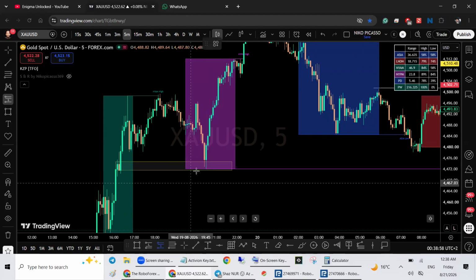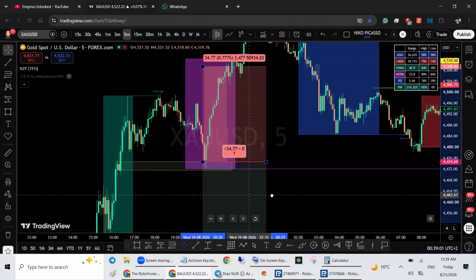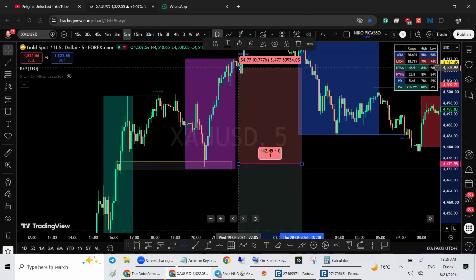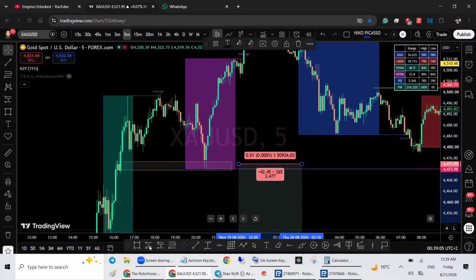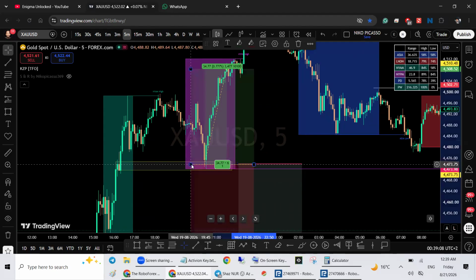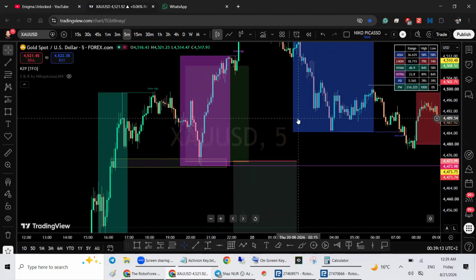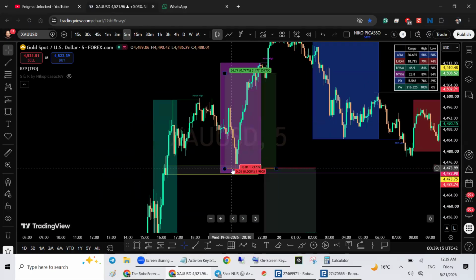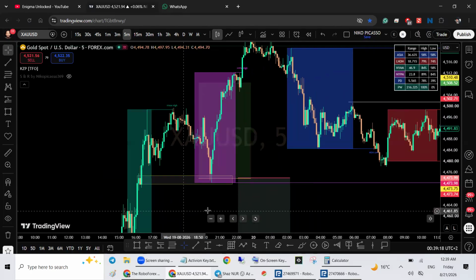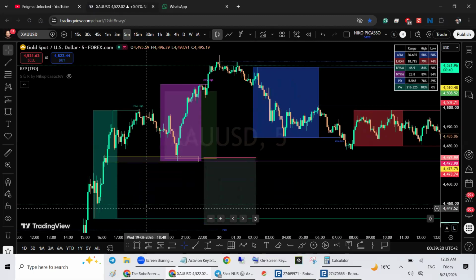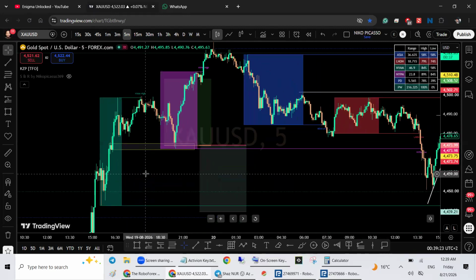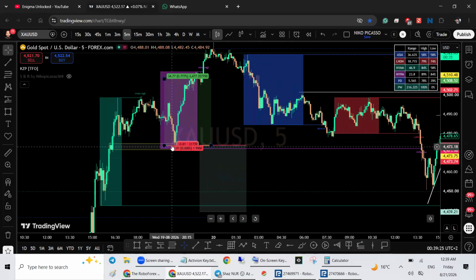So if I take a sell position here, right, and I take no stop loss, right, and I take a buy position here, right, with this method, I'm guaranteed to win. But if I take one position, I'm not guaranteed to win because I have no idea if this level is going to hold. But if I take both directions, I am guaranteed to win. It's impossible to lose because I'm buying here with high leverage and with a lot size that's perfect.